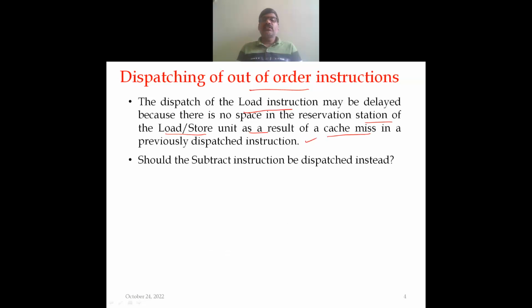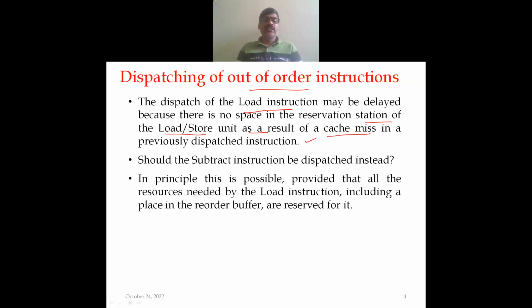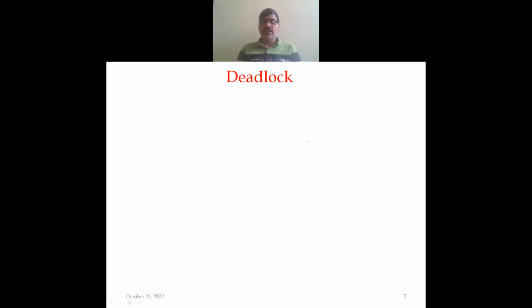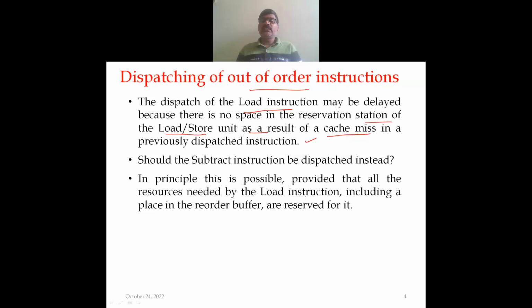So should the subtract instruction be dispatched instead of the load or store? In principle, this is possible, because all the resources needed by the load instruction, including a place in the reorder buffer, are reserved for it.